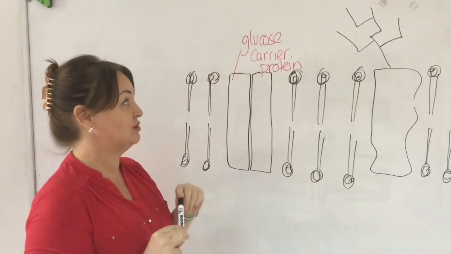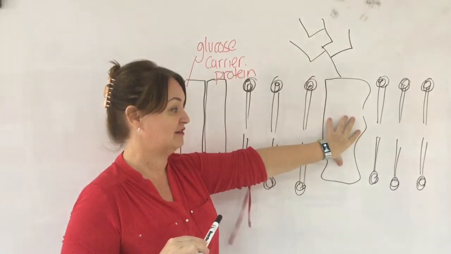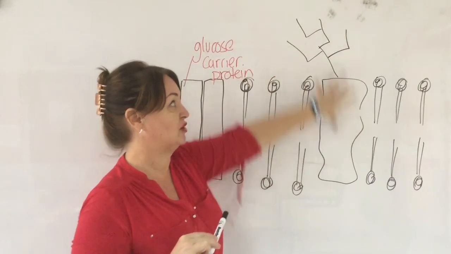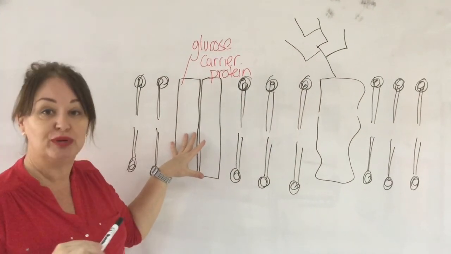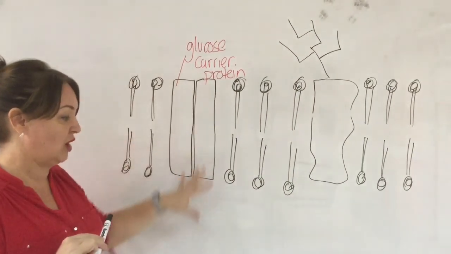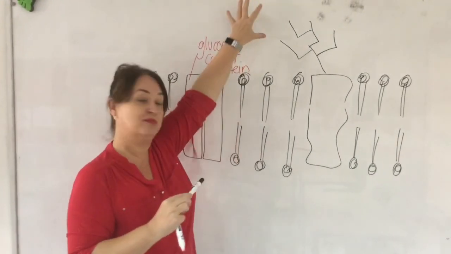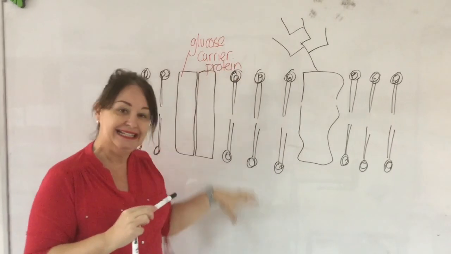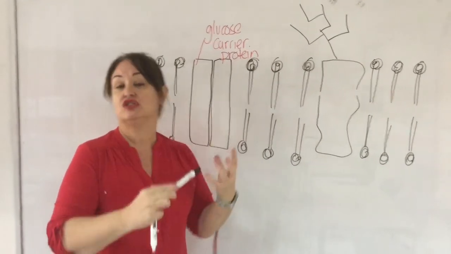So this is a glucose carrier protein. When this forms a complementary bond with the insulin, this changes shape and it opens up to allow more glucose to pass into the cell. And this, of course, when we're moving glucose into the cell by insulin, reduces the concentration of glucose in the blood.